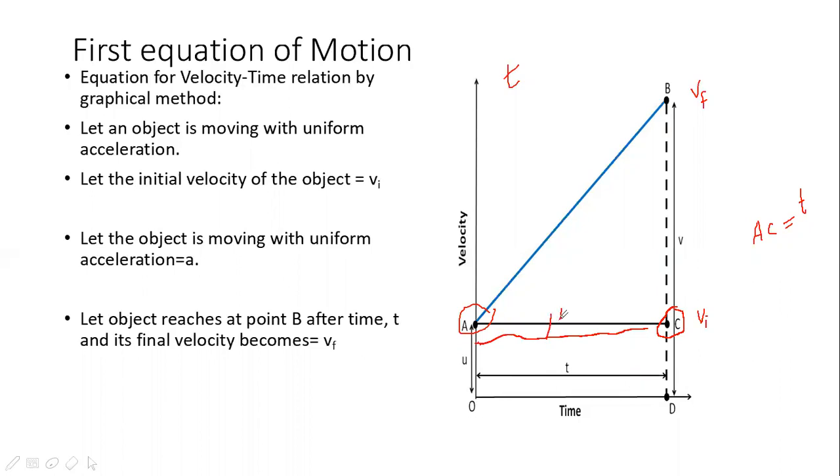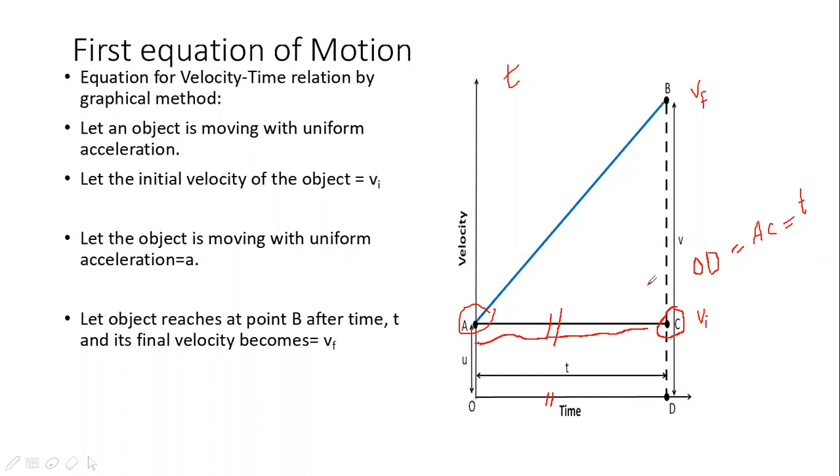The time per journey, this time is equal to this time. Means AC is equal to OD. OD is equal to AC. You must memorize this because it will work in all three equations. I will take it as a reference.